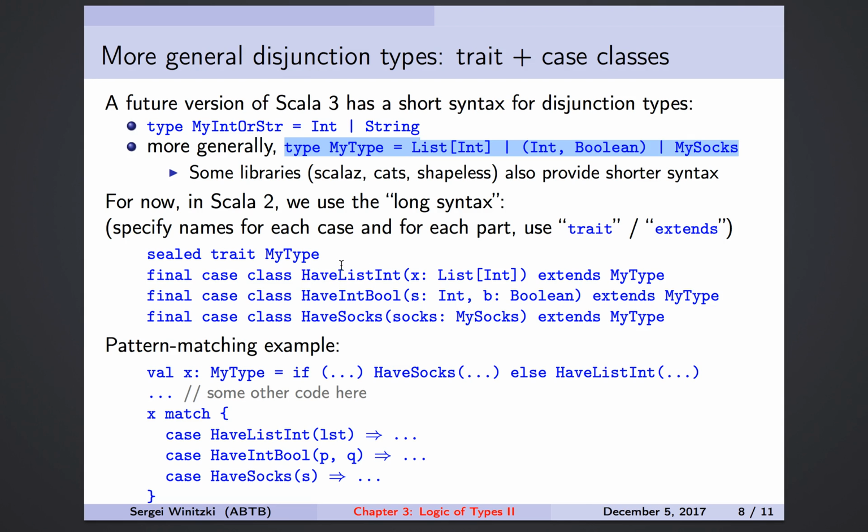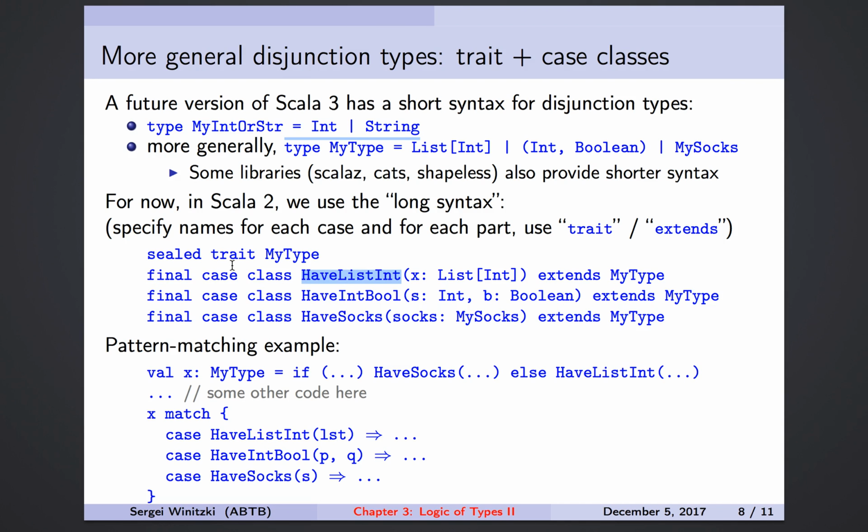But in the long syntax, the domain has to be explicit. So the name is have_list_int. It has one part, so it's a tuple of 1 with name have_list_int, and the part is named x, let's say. Then I have to write this keyword, extends my type. And in this way I say that this case class is part of a disjunction, which I'm going to define now.